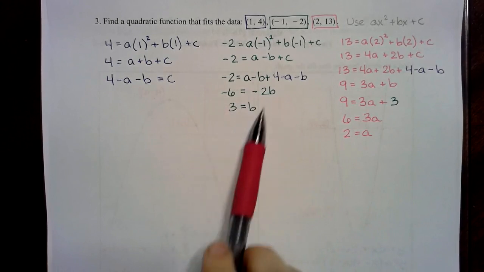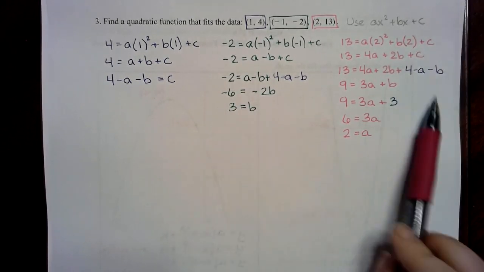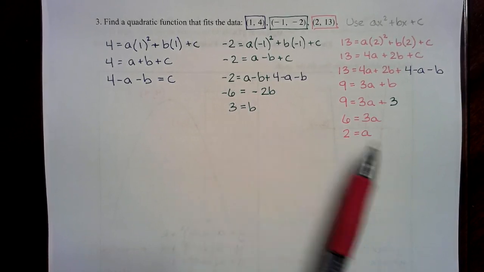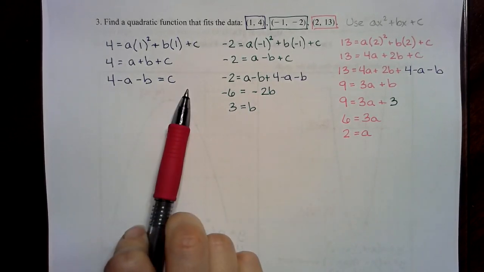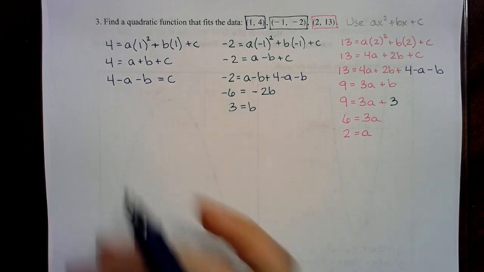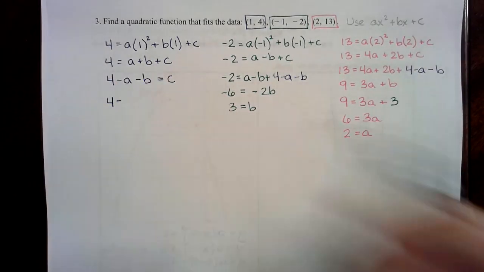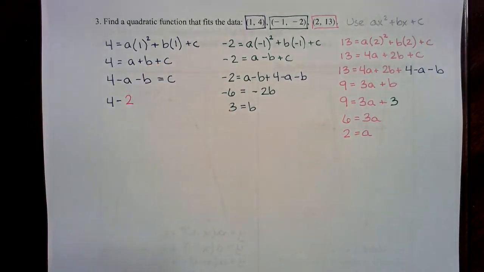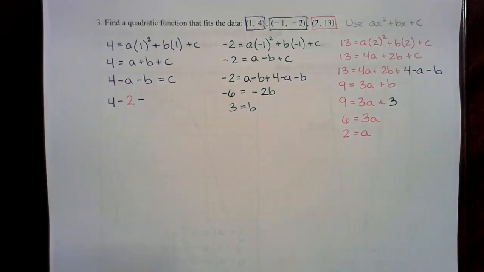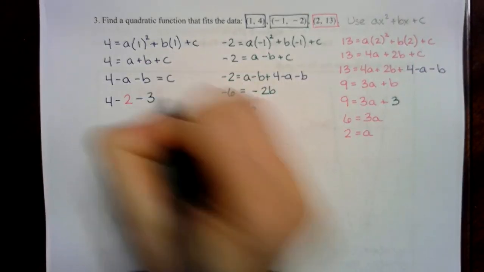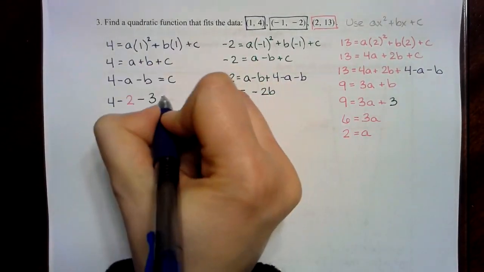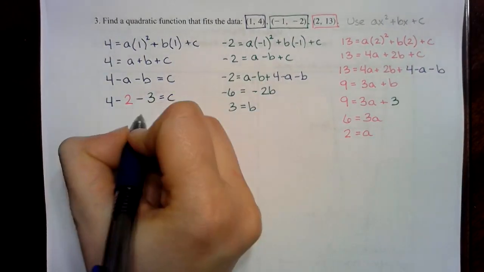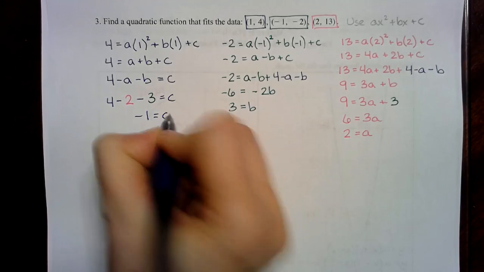Now, if this had been some crazy formula with a's in it, I'd still be able to get a here. I'd plug that back in here to get b. Once I know a and b, I plug them both in to the first equation to find c. So 4 minus my a value minus my b value is my c. 4 minus 2 is 2, minus 3 is negative 1.